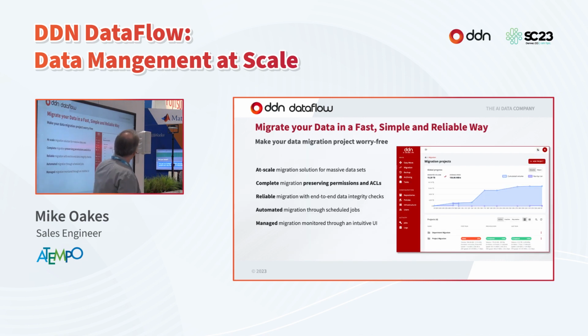So, real quickly, the migration part of this. It's a full migration at scale, and you're seeing the dashboard here, it's kind of backwards. It really goes like a step going down, because you move a lot of data and you get to a steady state where you can do a cutover, but it's a complete migration. Permissions, ACLs, POSIX, all the information on the source goes to the target.